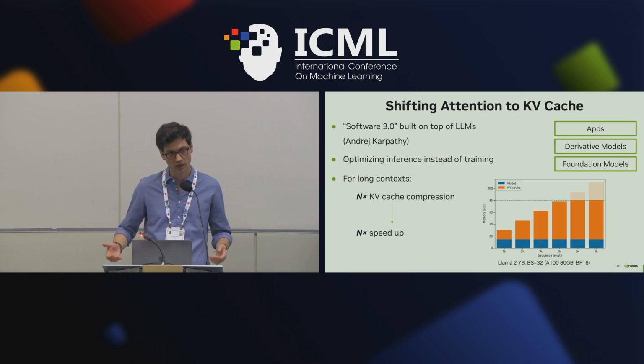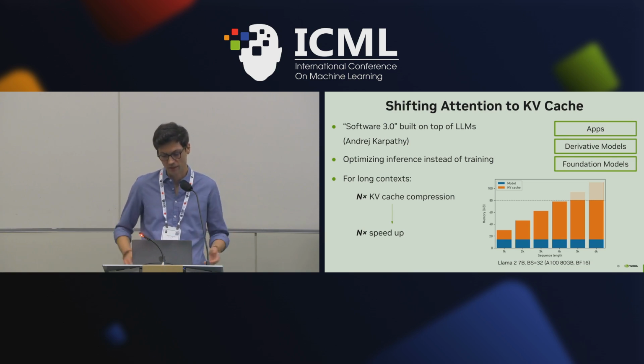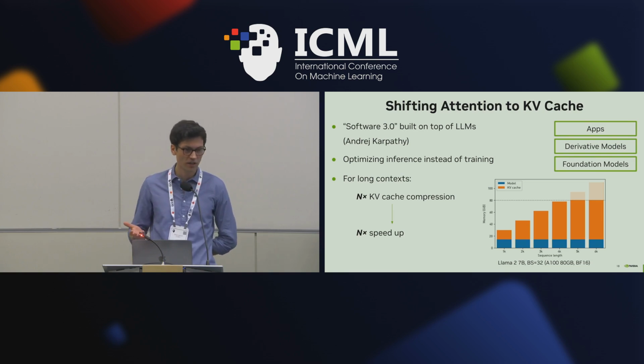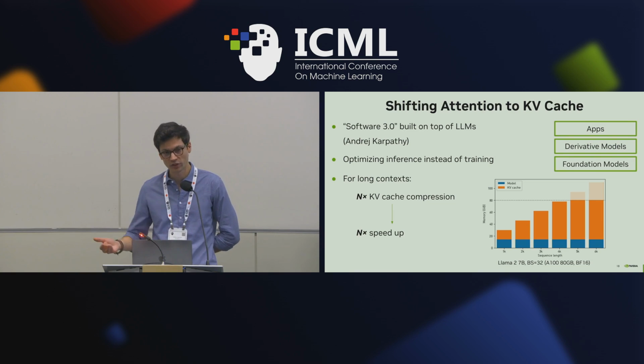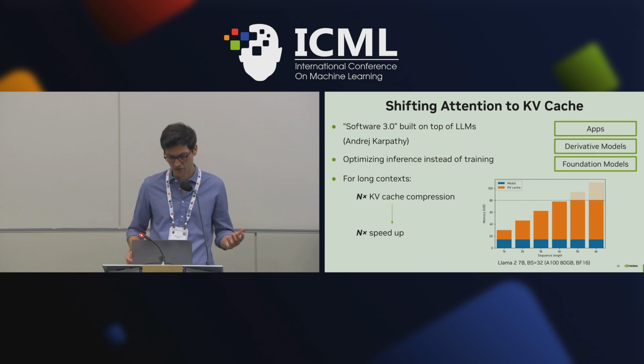The more KV cache you have, the less everything else that is going on in the model, so feed-forward layers, matters. And because reasoning has become more and more important with the advent of reasoning models, long reasoning chains produce a large KV cache. So optimizing KV cache became more and more important.